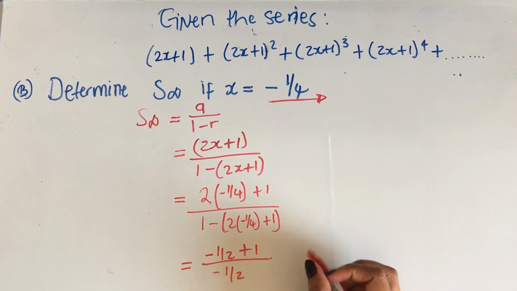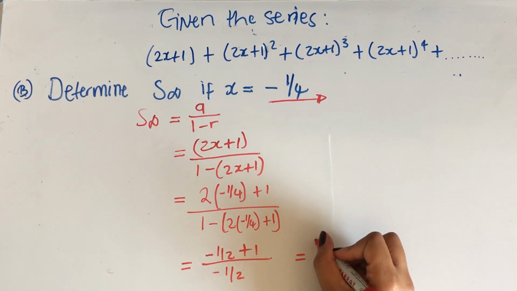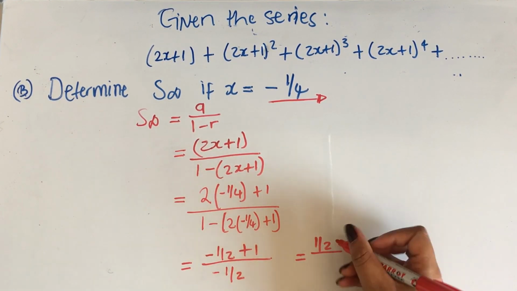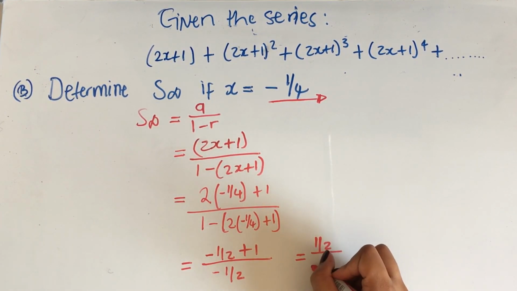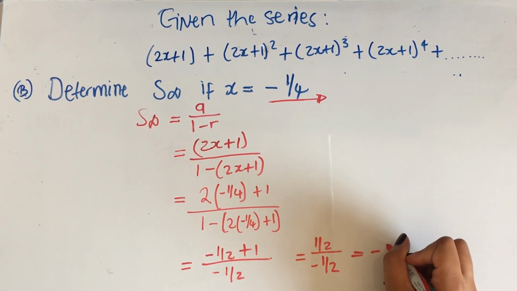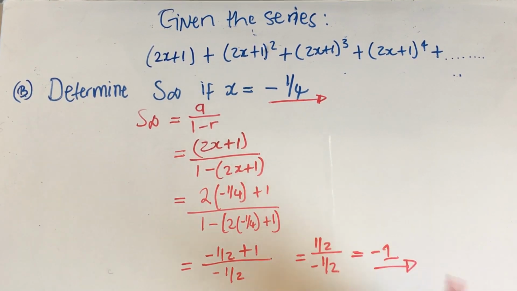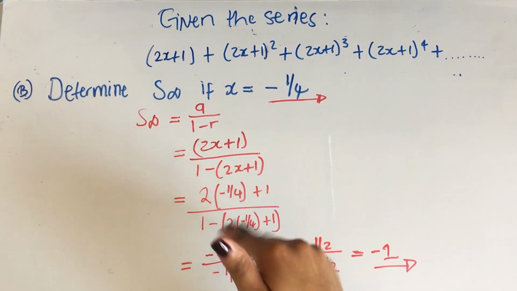Alright, and then negative half plus 1, we get a half, altogether divided by negative 1 over half, which gives us a negative 1. Alright, easy peasy. But what you can do is you can just punch it into your calculator.